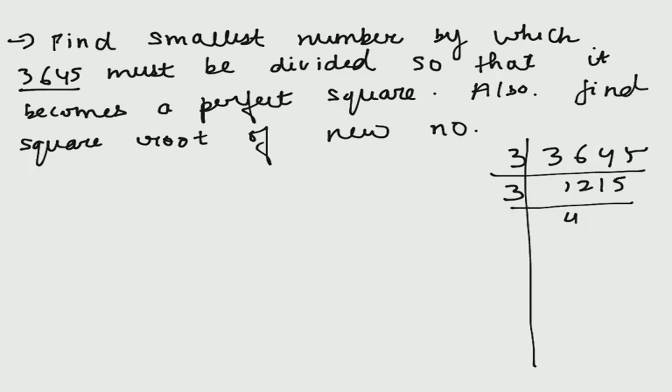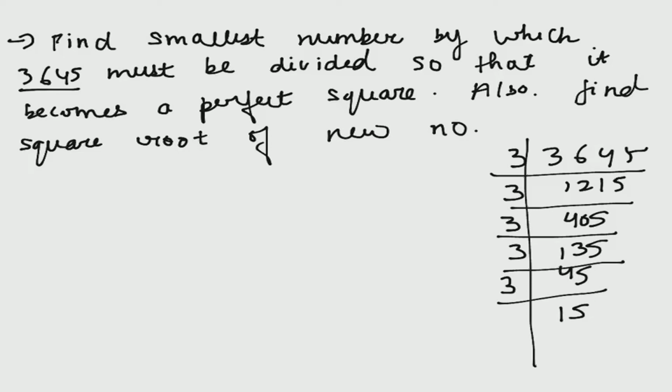Again if we divide by 3, it will give us 405. Then 135. Again 45. Then 3 gives 15. Then 3. Then 5. So we will write down all the prime factors over here.